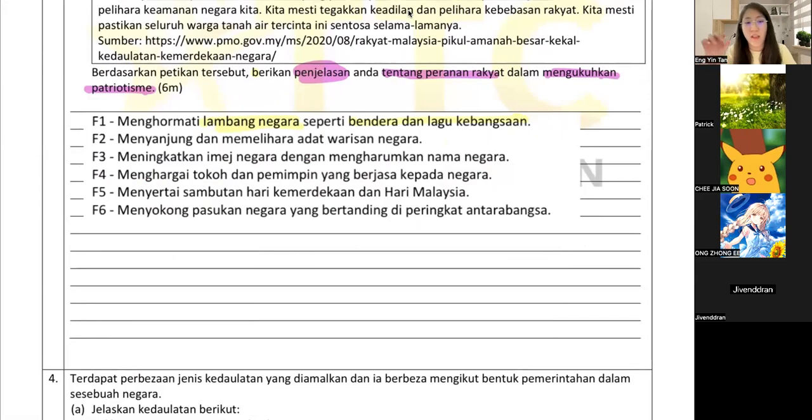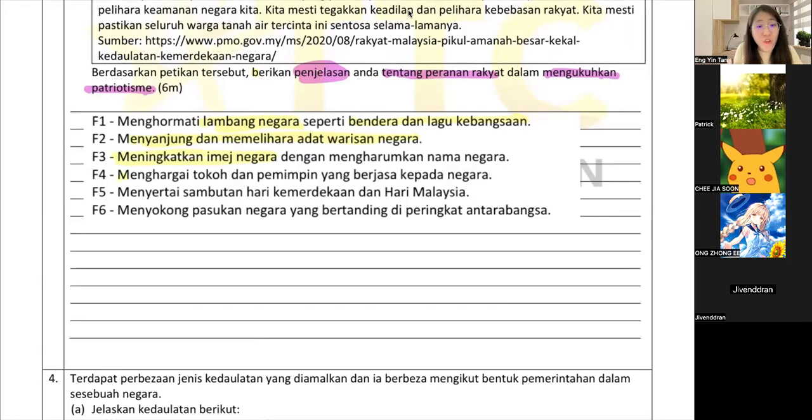If your teacher wants those fakta huraian, menyambut, yes. So you see, I would say we should protect our warisan culture, our customs, our traditions. Okay, meningkatkan imej negara. You can say, participate in international activities, then we can make our country famous, not shame our country.